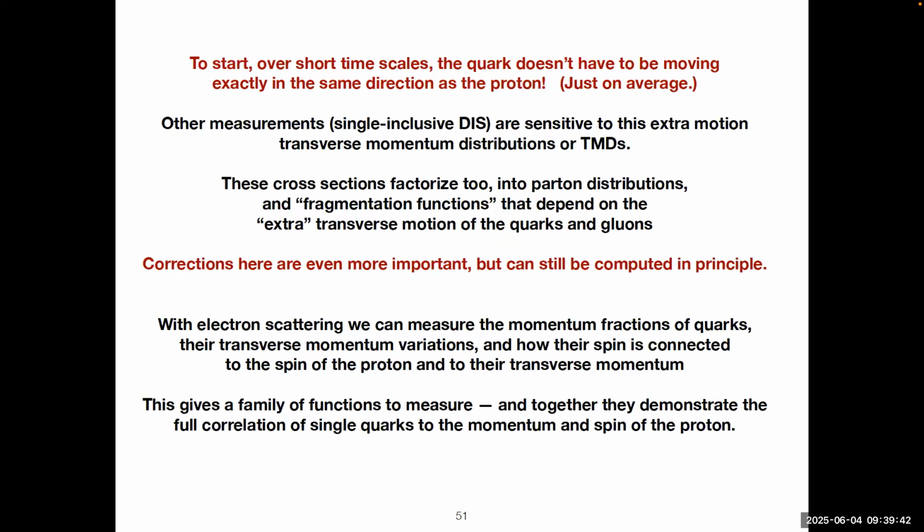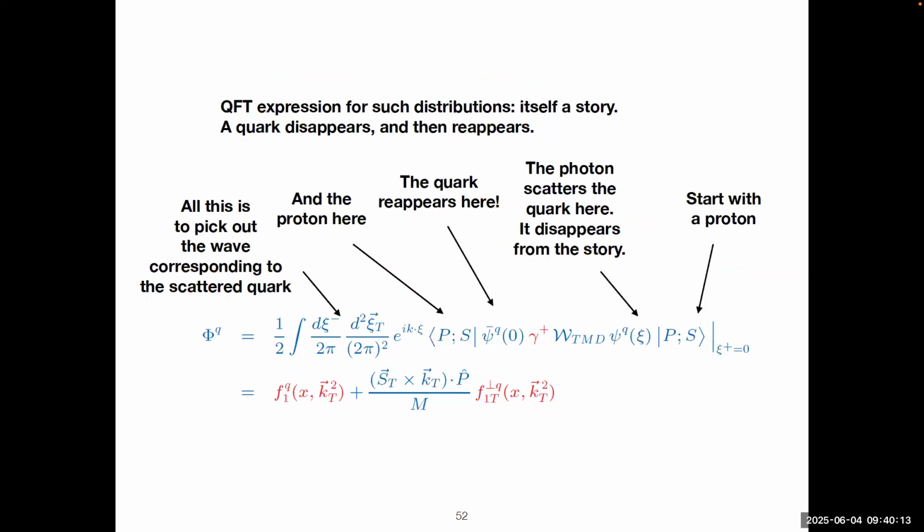So what this does is it gives us a family of functions to measure, and together they demonstrate the full correlation of single quarks to the momentum and spin of the proton. And in fact, when you add together what we heard about the energy momentum tensor, degrees of freedom in various matrix elements, and we'll come back to matrix elements, we really have the picture of the proton.